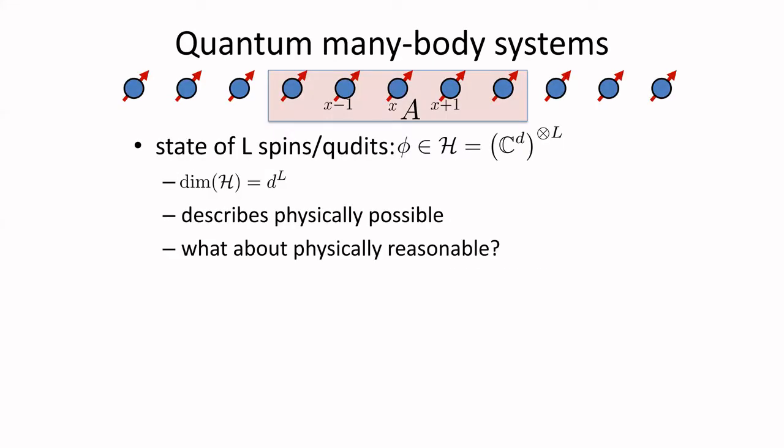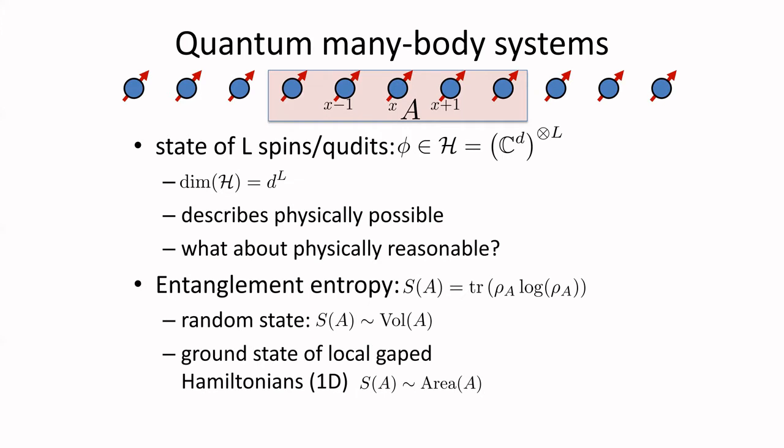One problem we face with quantum many-body systems is that the underlying Hilbert space dimension explodes exponentially with the number of subsystems. We can interpret this as an over-ambitiousness on our part, that the Hilbert space will describe any physically possible state of the system, whereas oftentimes we have additional assumptions and would be more interested in the physically reasonable. That there's a difference between these two concepts you can already see if you look at the entanglement entropy.